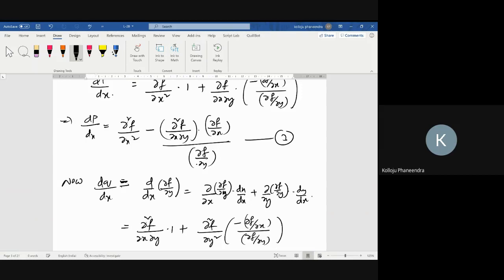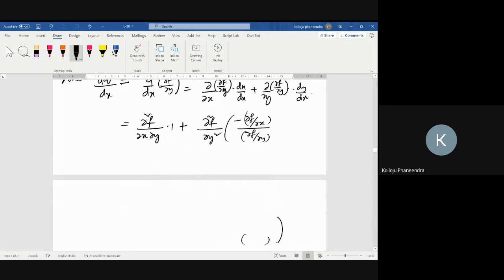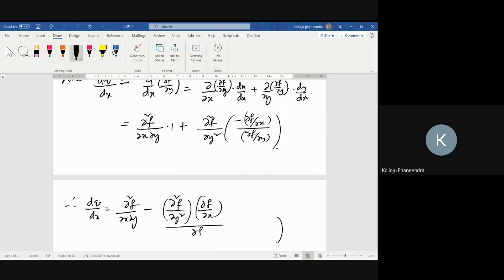Therefore what is dq by dx? Therefore dq by dx value is ∂²f/∂x∂y minus ∂²f/∂y² into ∂f/∂x divided by ∂f/∂y.